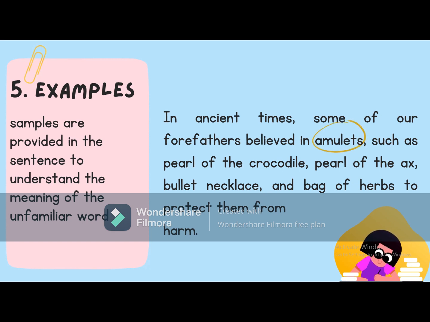Our unfamiliar word here is amulet. But by giving examples, such as pearl of the crocodile, pearl of the axe, bullets, and so on, we can easily say that amulets is something that is indigenous and can protect us from harm.